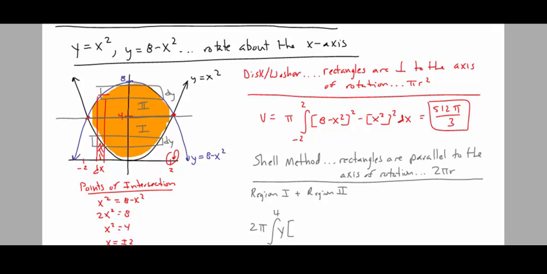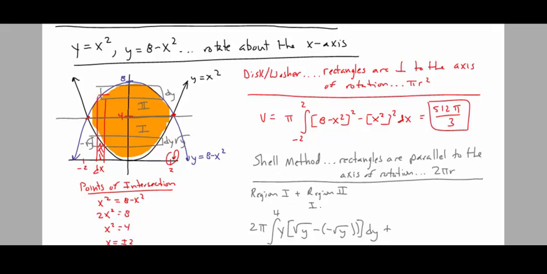So if I take the square root of both sides, I get x equals plus or minus root y. So on this side would be the plus root y, and over on this side would be a negative root y. So my right minus my left would be root y minus a negative root y. Okay, so that is my right minus my left, dy.